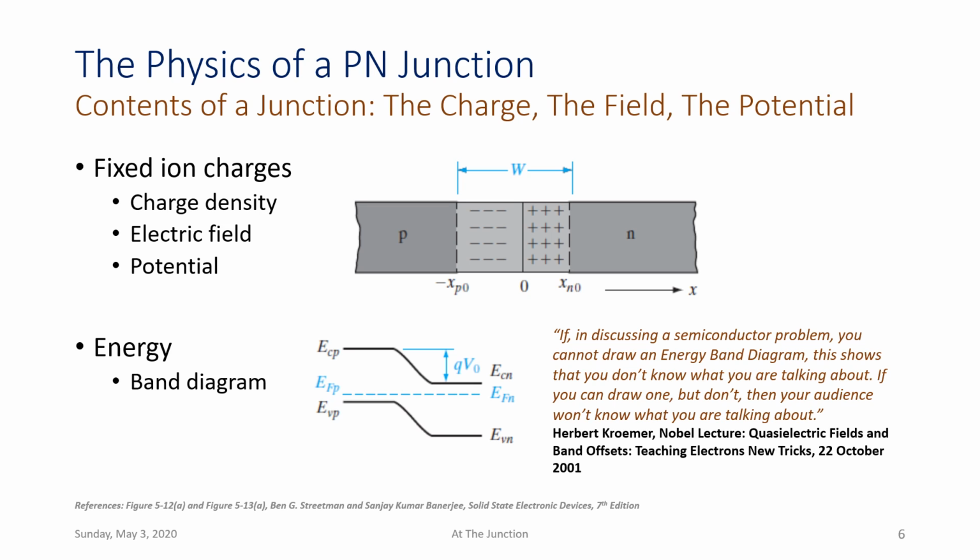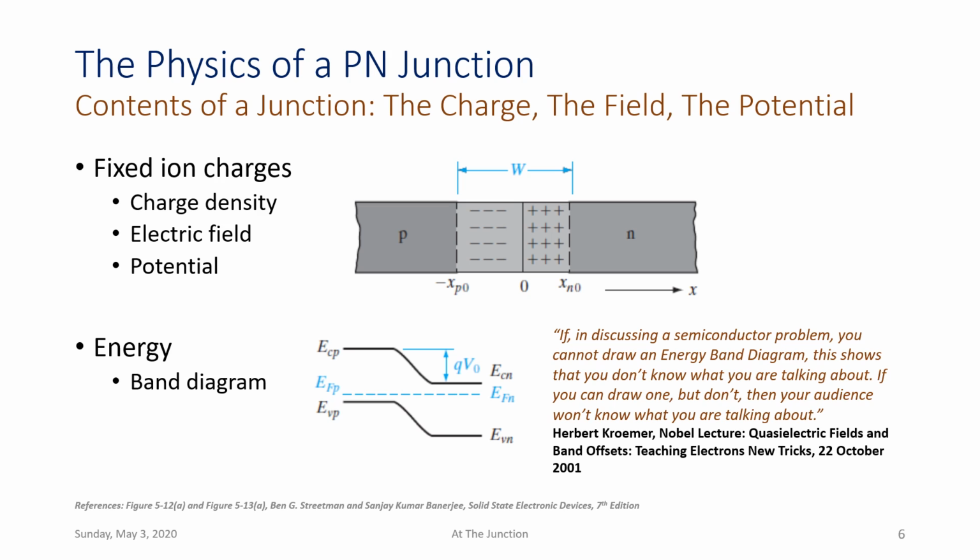And when we forward bias, the qV0 that you see on the slide decreases. And if we reverse bias, the qV0 on the slide increases, making it difficult for the carriers to move across the junction.